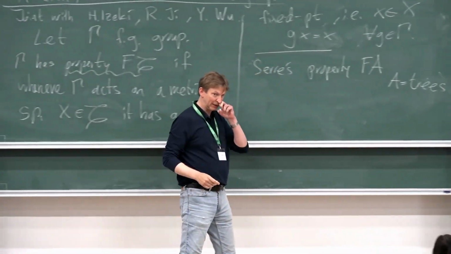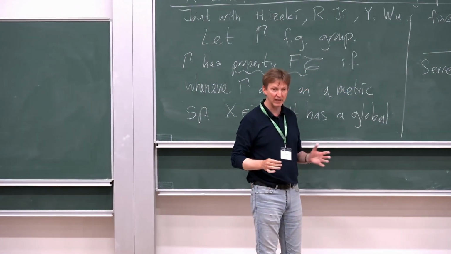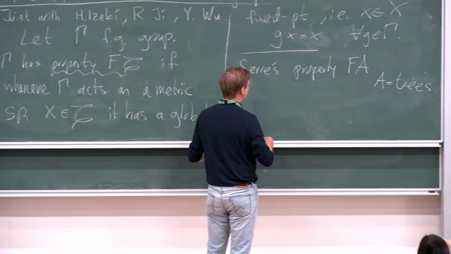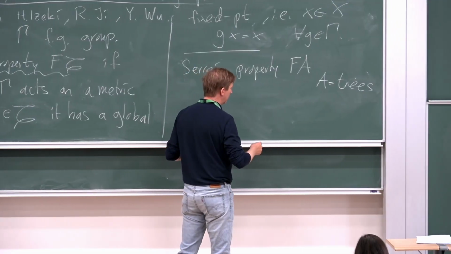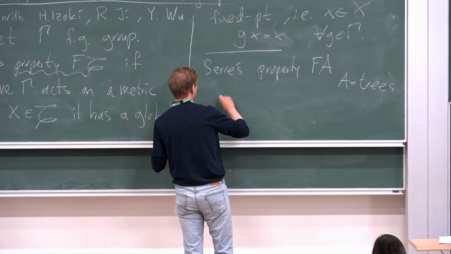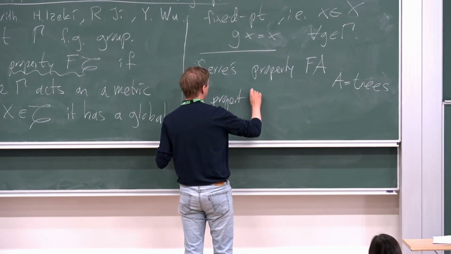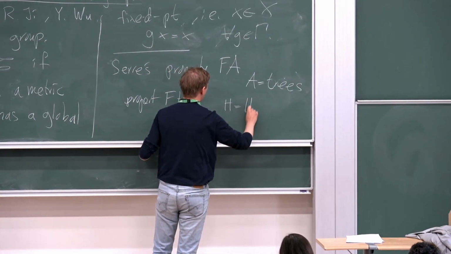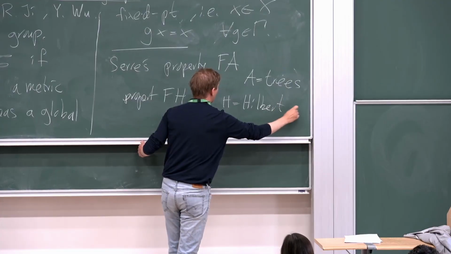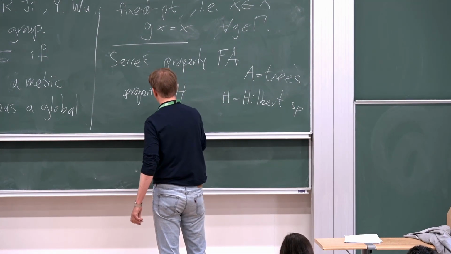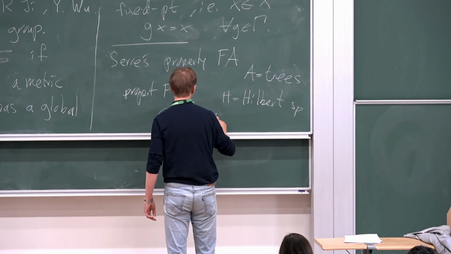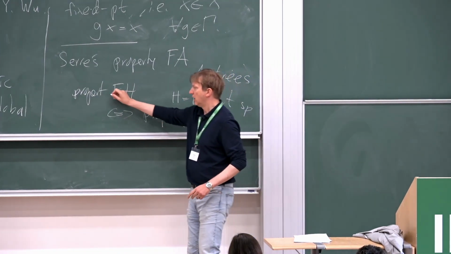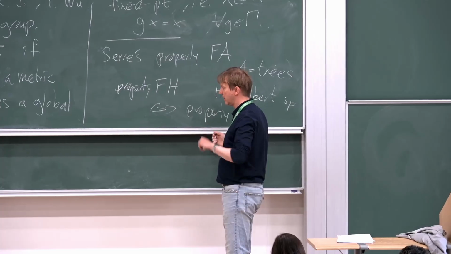This is related, as he and Bass showed, to amalgamated products and HNN extensions. Another one is property FH, where H is a Hilbert space. This is of particular interest because it turns out to be equivalent to property T for Karlsson. The equivalence is due to Delorme and Guichardet. So this also has a special meaning.